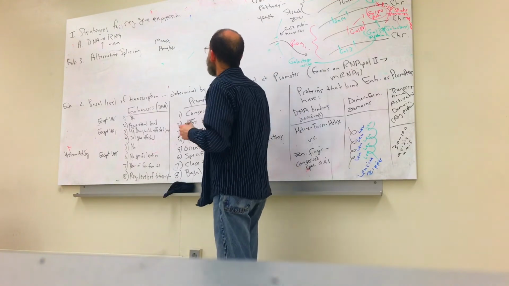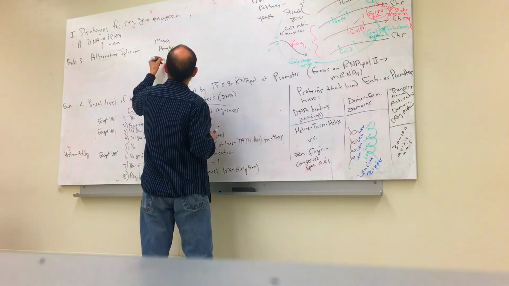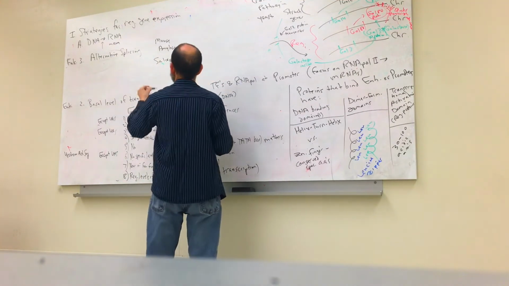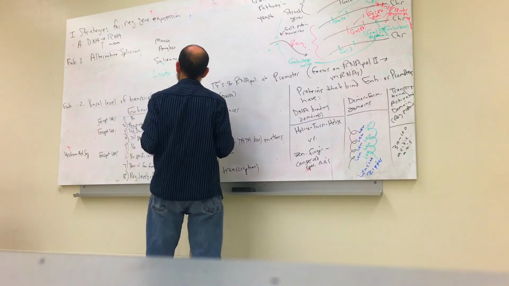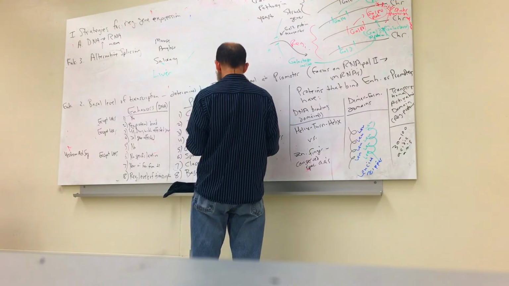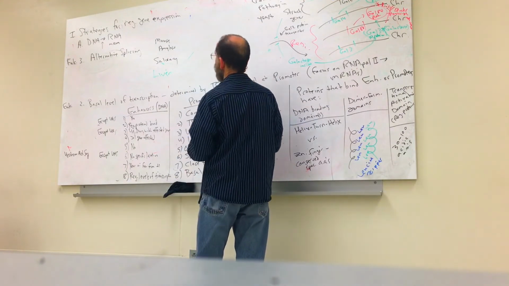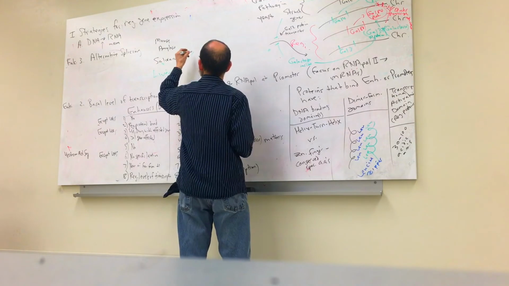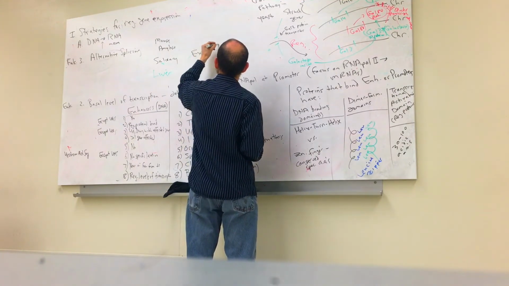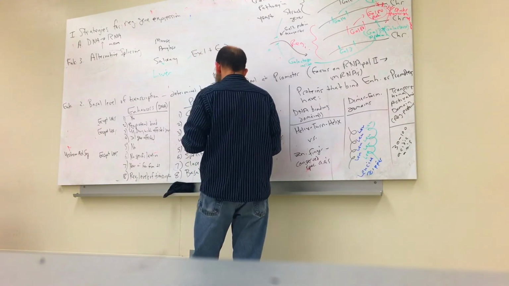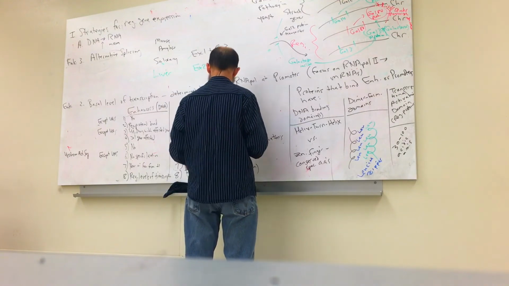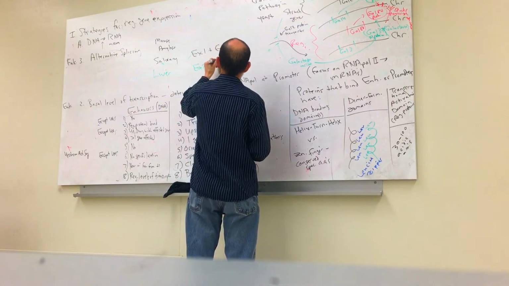All right, so mouse amylase, you got the salivary form and the liver form. And the way that you get them to be different is by how you put together the exons. So the salivary gland version might have exon 1 plus exon 3, whereas the liver form has exon 2 plus exon 3.